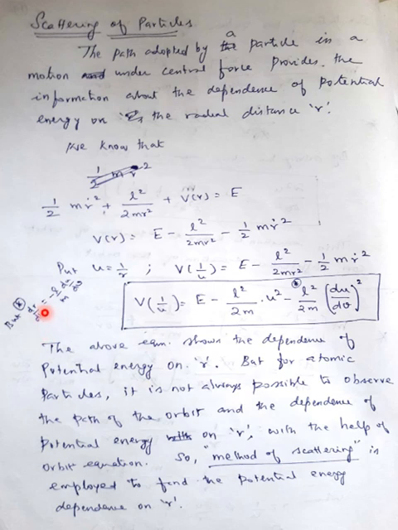So a new method was introduced in order to find the path adopted by the particle in a central force field, which is called the method of scattering. This method of scattering is employed to find the potential energy dependence on r.